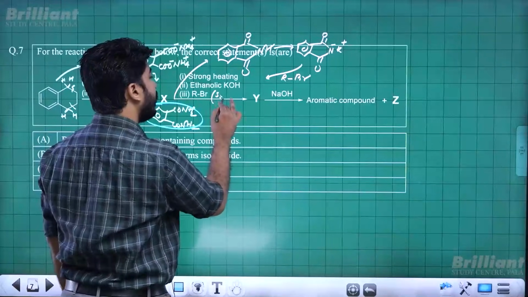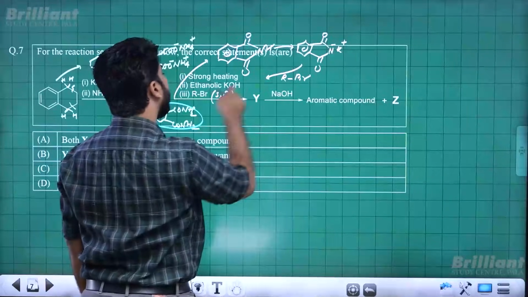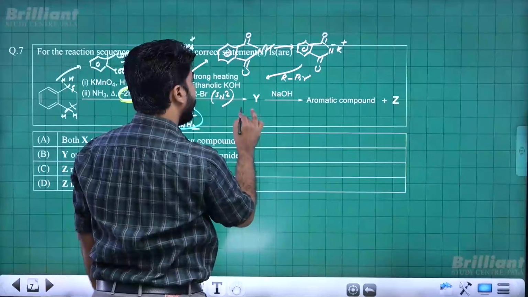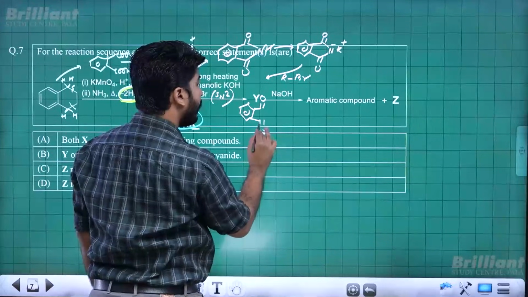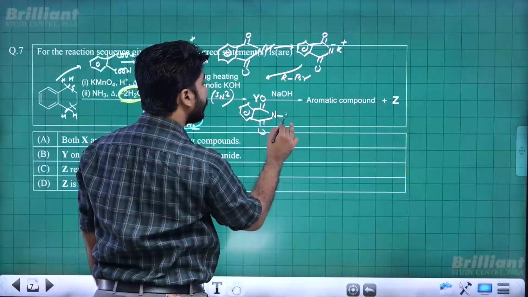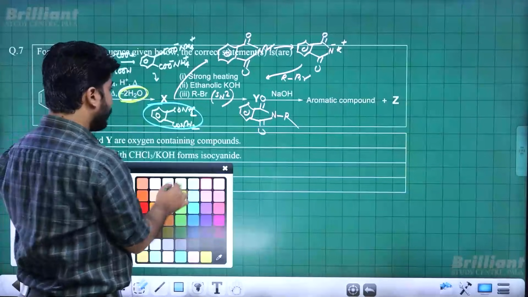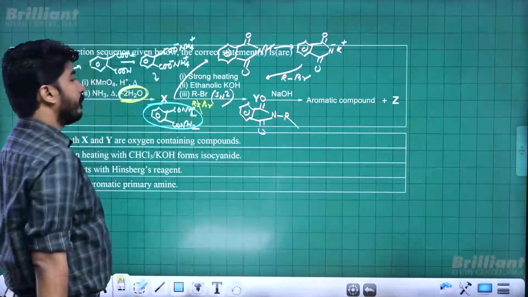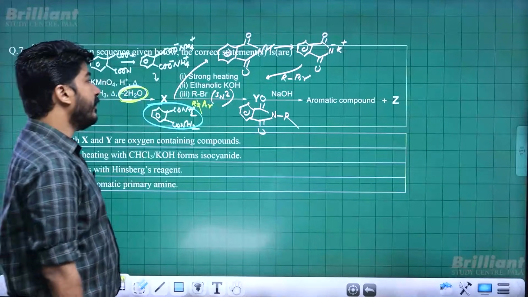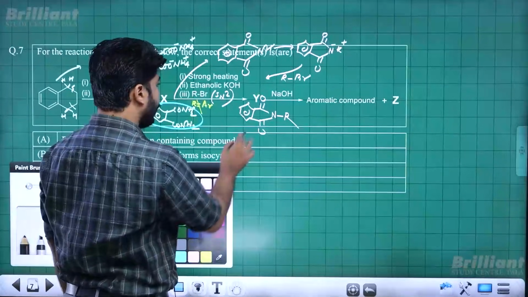So we can expect an SN2 reaction between the phthalimide ion, which is the nucleophile, and the electrophile RBr, and N-alkyl phthalimide is formed. So this is the popular Gabriel phthalimide synthesis. We know that this R cannot be an aryl group. On aryl halides, this particular transformation will not occur. So this is the structure of Y.